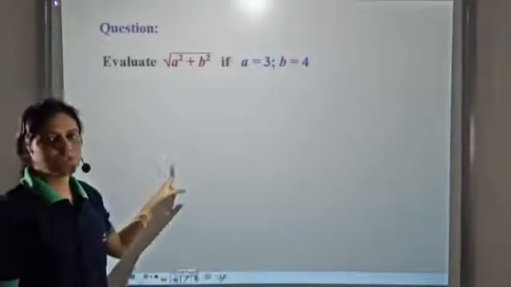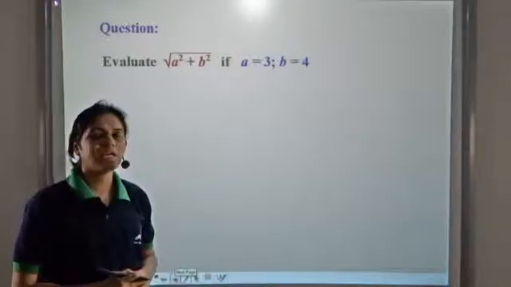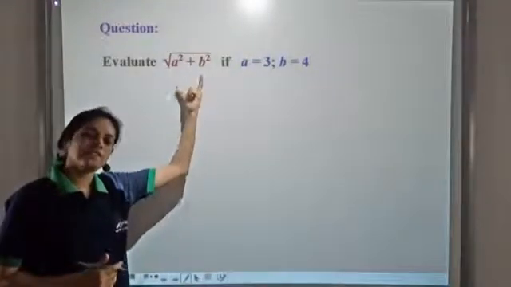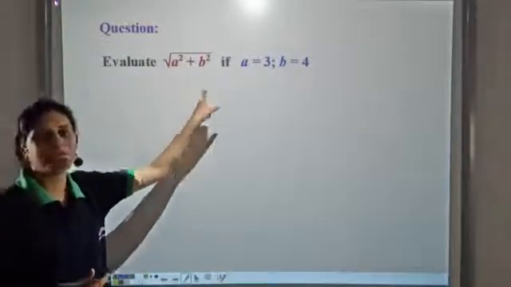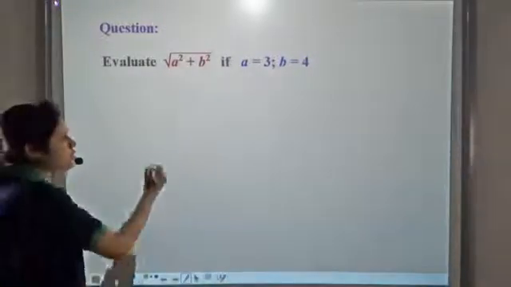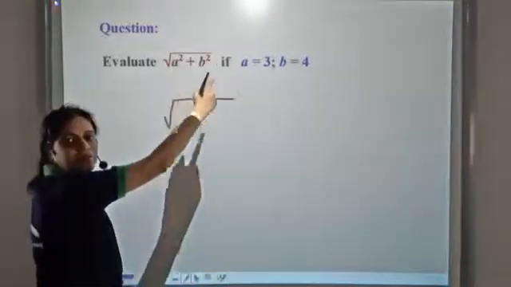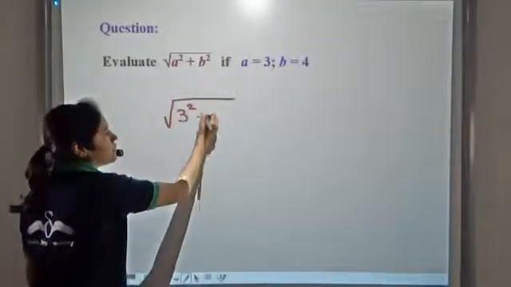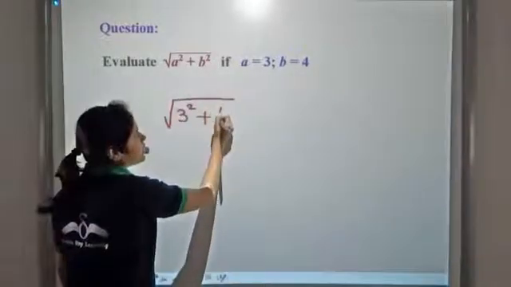Now solve this question. Evaluate root over a square plus b square if a is 3 and b is 4. We know that in order to evaluate this expression, we have to substitute the values of a and b into the expression. So let us do that. a square is 3 square. b is 4, so b square is 4 square.